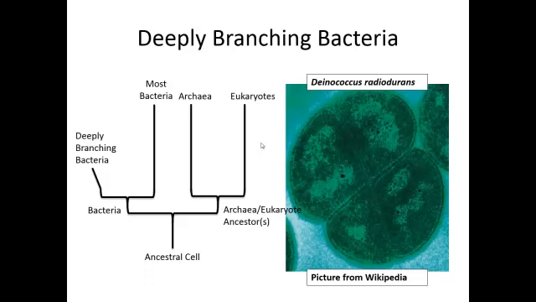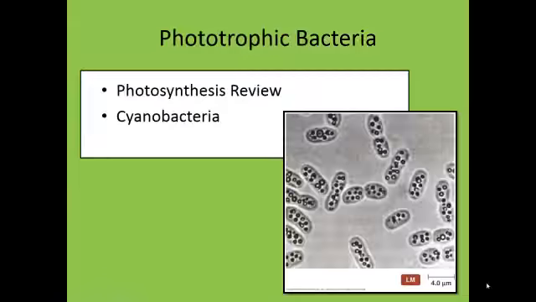They have wonderful DNA repair enzymes. And of course, we're interested in these DNA repair enzymes because we'd like to know how to do the same thing. If we could protect people from radiation, say ultraviolet radiation, so that you don't get skin cancer, that would be a wonderful thing. Next, we're going to cover phototrophic bacteria, or bacteria that photosynthesize.